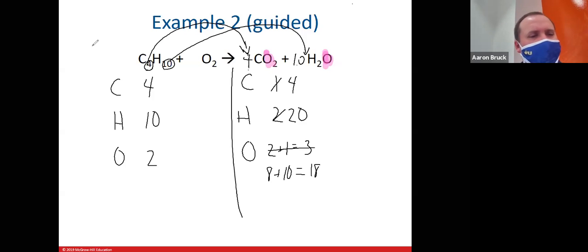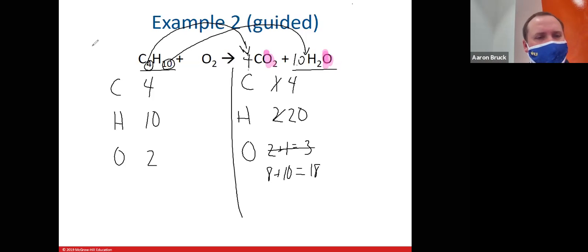From this vantage point, I know that my carbons are balanced in this ratio: 1 butane for every 4 carbon dioxides. I also know that my relationship between water and butane is going to be 2 to 1.